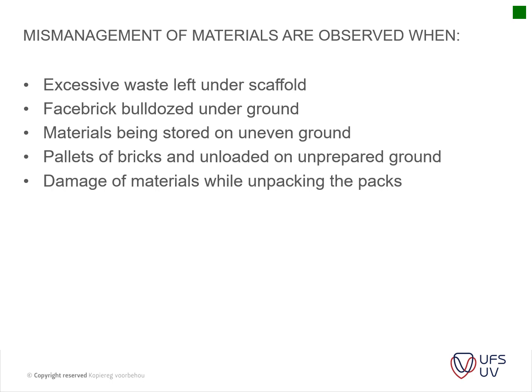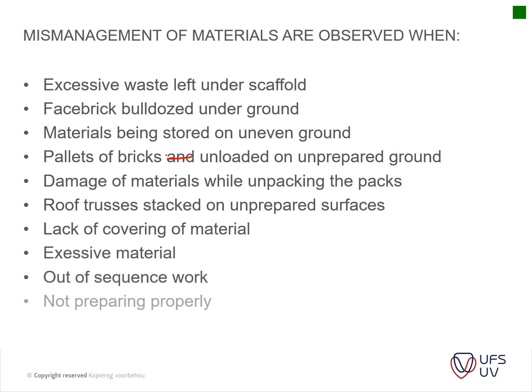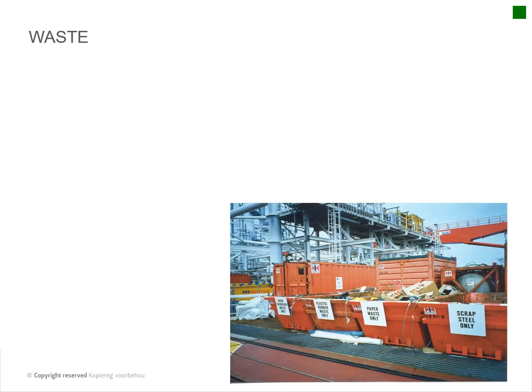Okay, and then damage of materials while unpacking the packs, roof trusses stacked on unprepared surfaces, lack of covering of material, excessive material, out of sequence work, not preparing properly. So you can easily see when a site is not properly run, especially towards managing of materials.